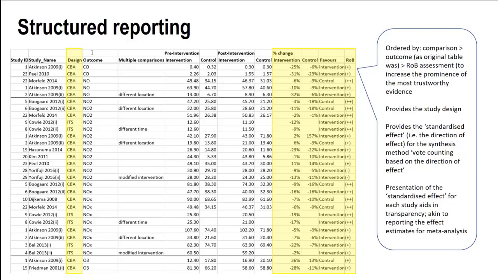That was always the benefit purported around meta-analysis. But if you vote count based on statistical significance, if all your studies only had 10% power to detect an underlying intervention effect, then you're always going to end up saying there was no effect. So vote counting with statistical significance is really problematic.